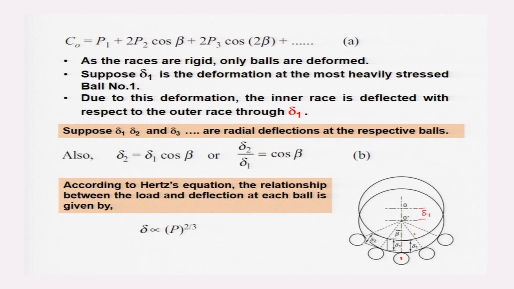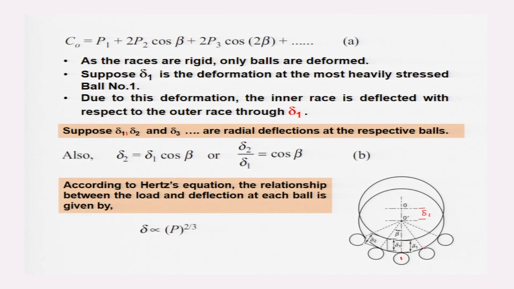Suppose delta 1, delta 2 and delta 3 and so on are radial deflections at the respective balls. Okay, the radial deflections, earlier it was there and it has deflected like this.